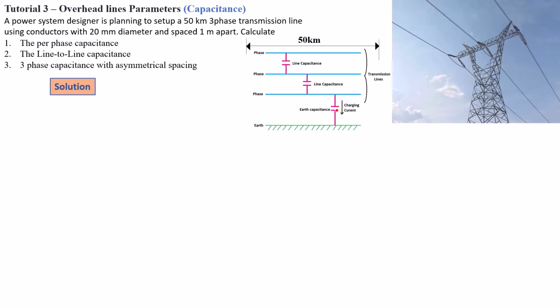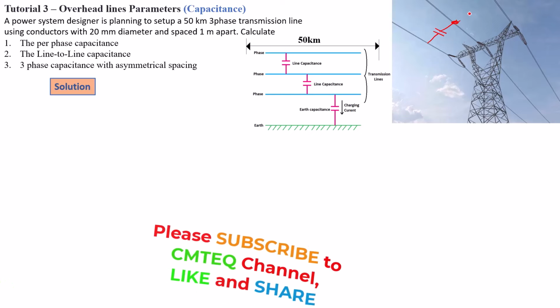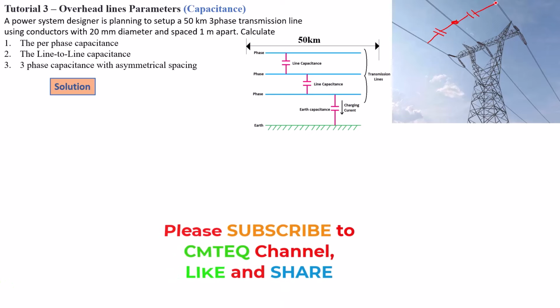Now this one here is rather a small capacitance because of the distance, the height where our conductors are situated. Now assume this is our transmission line here, so we're going to have a capacitor here and another capacitor is also going to be here. These are our 2 capacitances, between the line and the phase and the overall 3-phase capacitance.